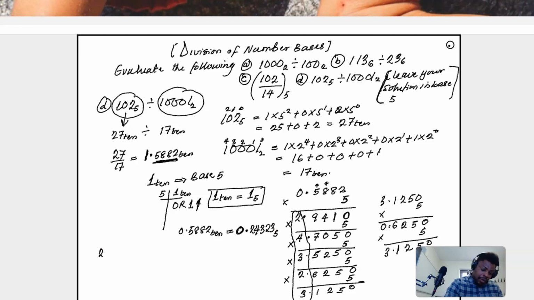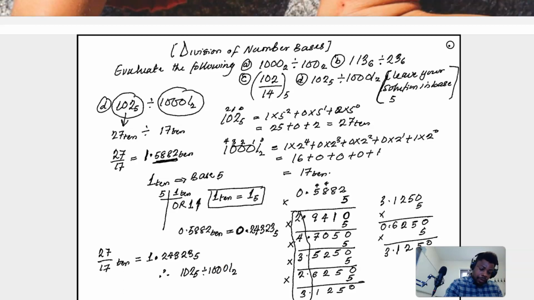So now I have 27 over 17 in base 10 is equal to 1, which is the whole number part here, dot 24323 in base 5.